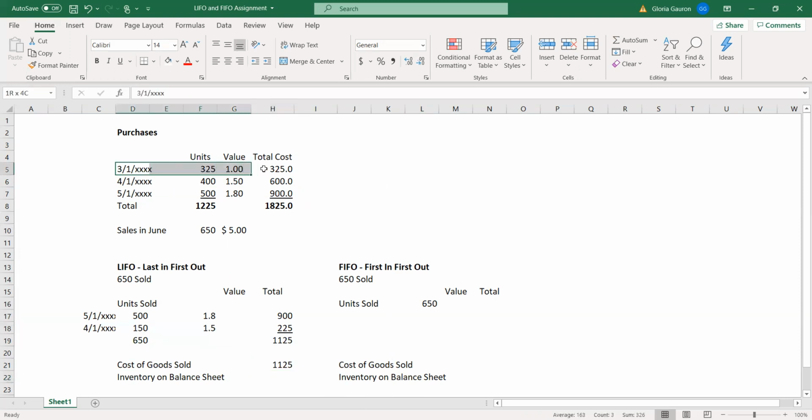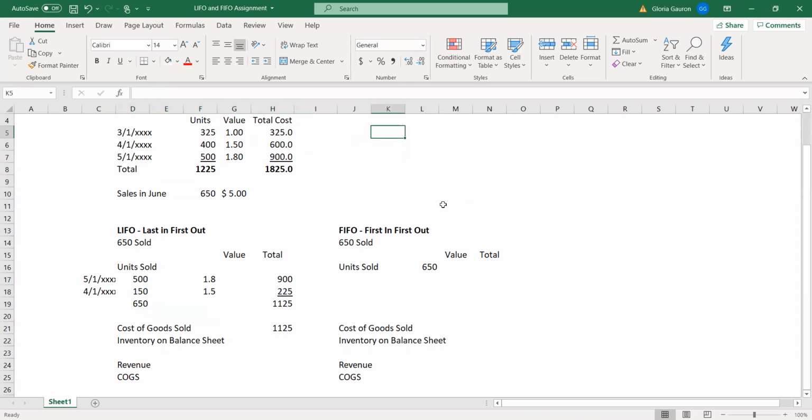So now how do I figure out what is left on my balance sheet? Well, I haven't used anything from the March 1st purchase, right? So I know that that's going to be $325. And then from my April 1st purchase, I used 150, which means I have 250 units left over, and that's at $1.50 each.